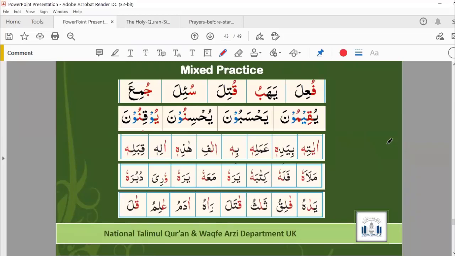In the first box, instead of reading fu'ila with a long sound, remember it's 1 second. Fu'ila, yahab, yahabu. Yahabu, 1 second, 1 beat.